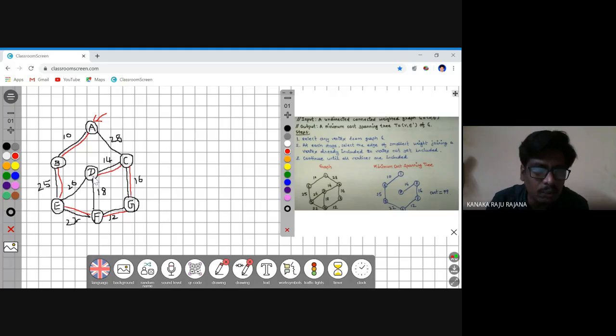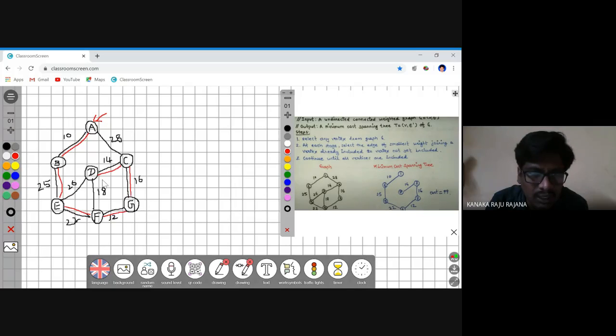D has two basic paths, one towards E, the other one towards F. But before checking your respective weights, see whether it is a cycle or not a cycle. In Prim's algorithm, we can find the minimum cost of a spanning tree if it is not a cycle. That is what we have learned in the last session. A graph has a cycle, a tree doesn't have a cycle.